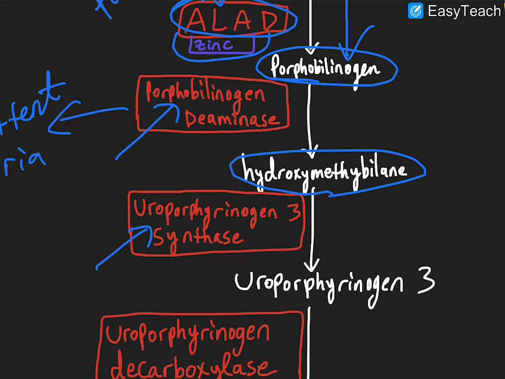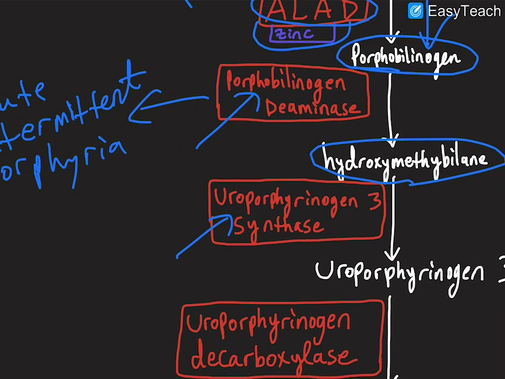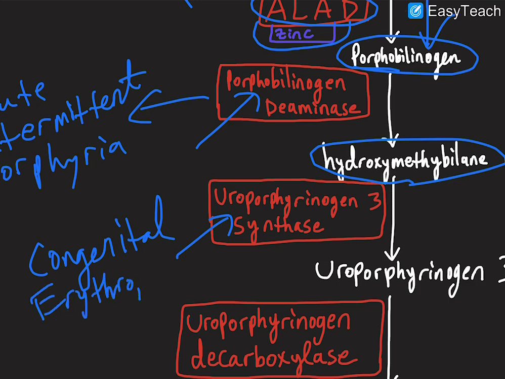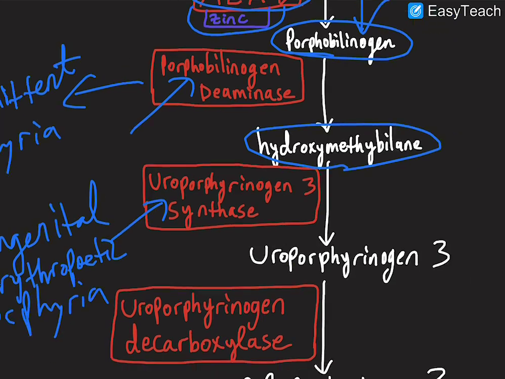If uroporphyrinogen 3 synthase is defective, we get congenital erythropoietic porphyria. That's important to know also.